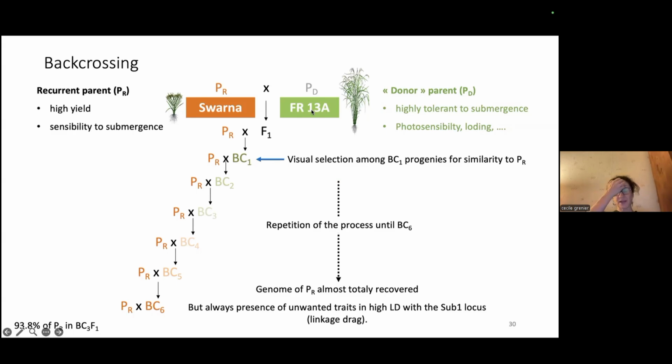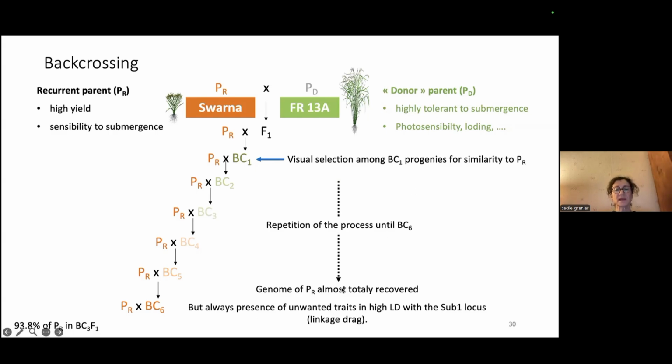You repeat this process of backcrossing many, many times, and at the end you have a genome that really resembles the recurrent parent, but has the gene of interest coming from the donor.